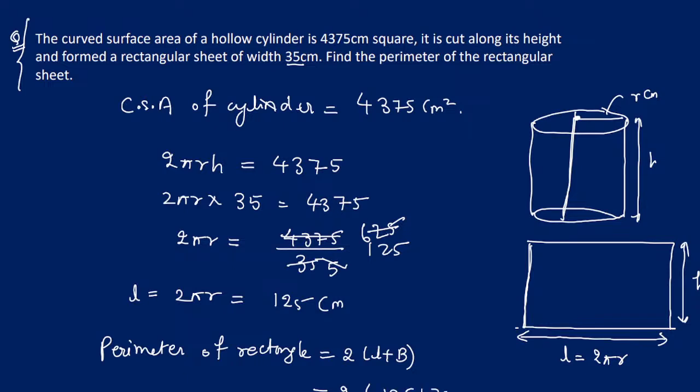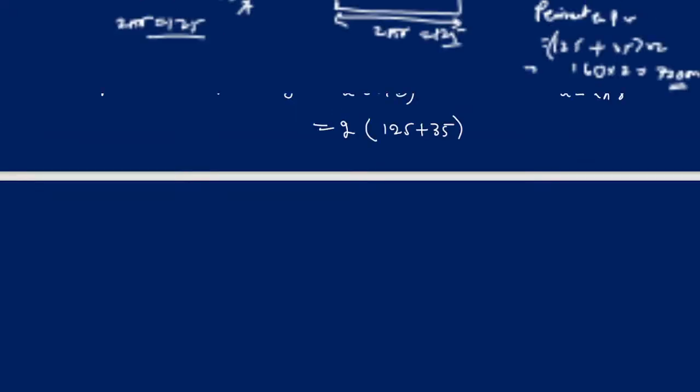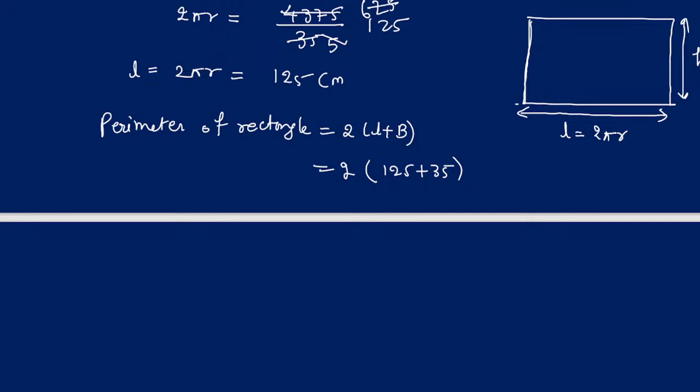Length is 125 and breadth is 35. So the perimeter equals 2 multiplied by 160, which is 320 centimeter. This is the perimeter of the rectangular sheet.